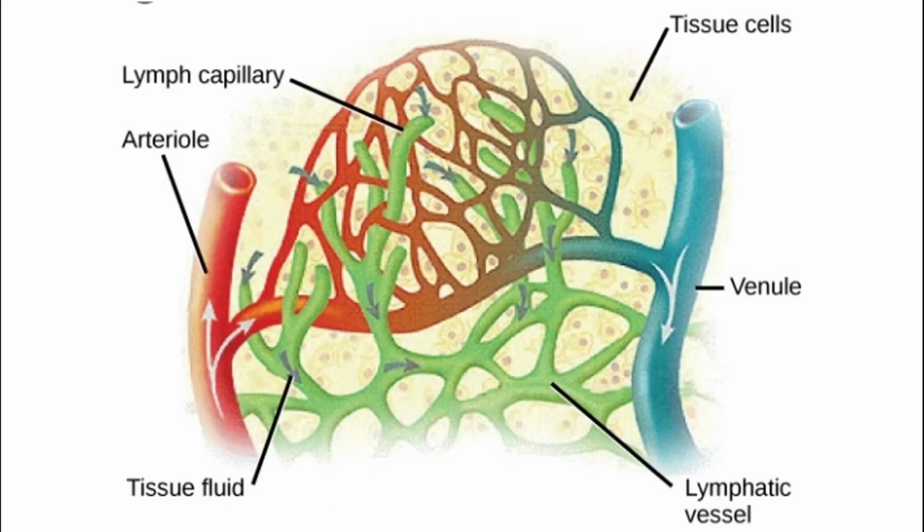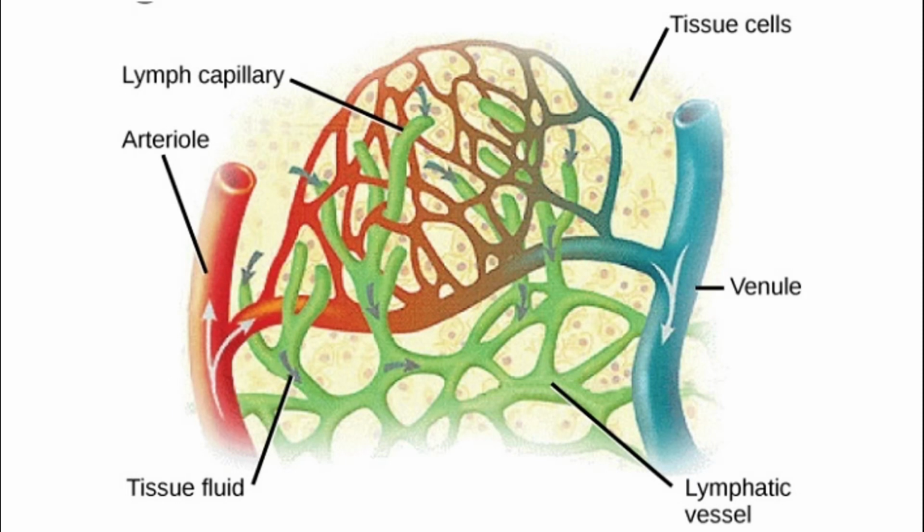Now, we have seen this capillary bed when we talked about the arterial system, and this is the end of the story of the arterial system, and it is the beginning of the venous system. This capillary bed connects the arterial system with the venous system.